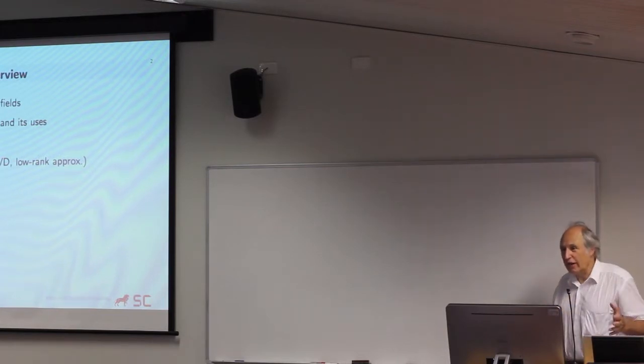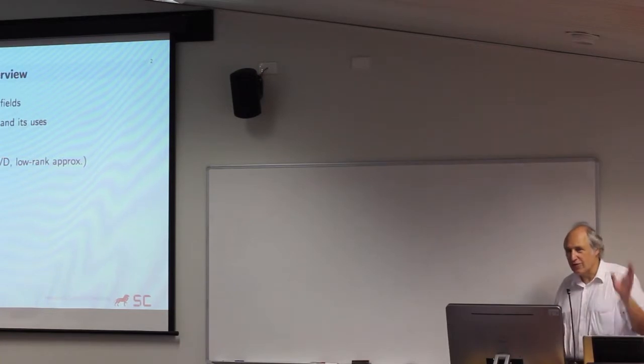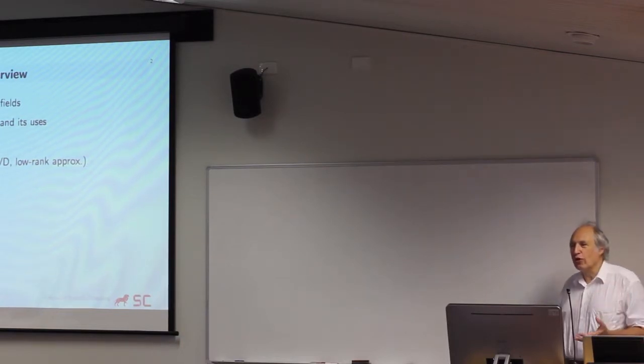Like if you think of the elasticity tensor, it's a positive definite tensor because if you multiply it with strains, it has to be the strain energy, which has to be a positive definite form. And the same is true for conductivity tensors, diffusion tensors, or whatever you have, okay.